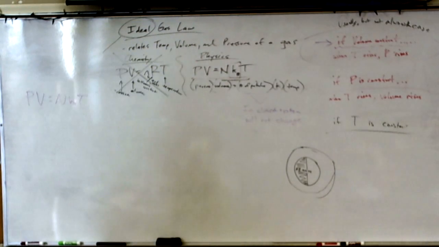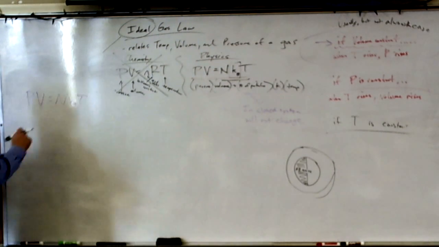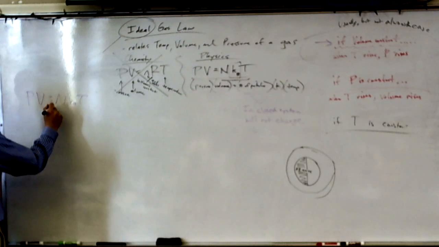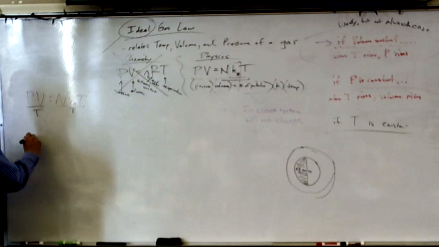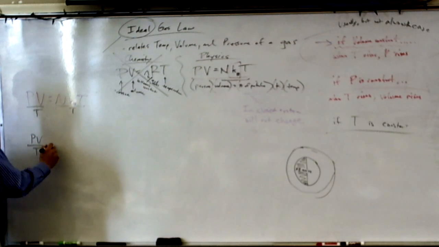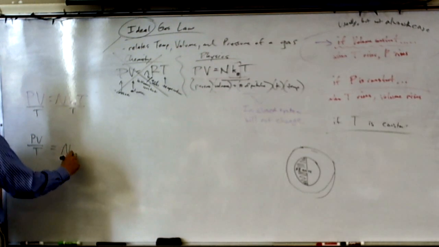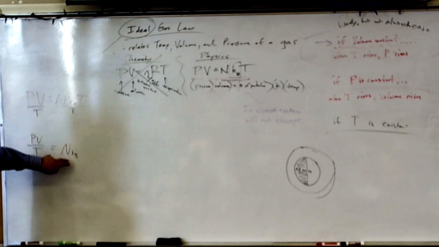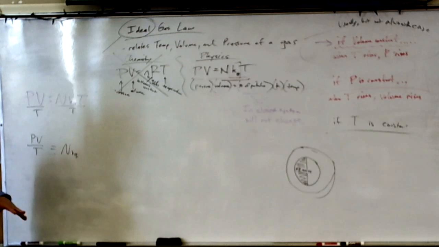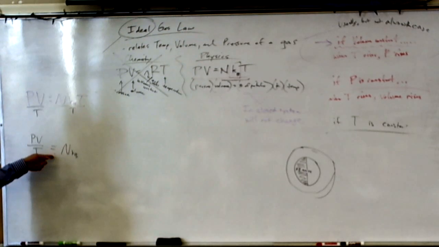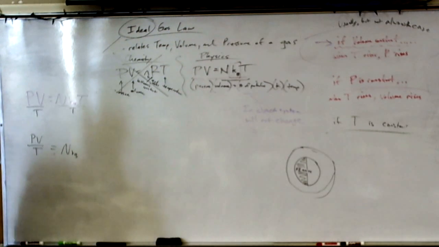Temperature, volume, and pressure. Temperature is the oddball here because it's on this side, so we want to get temperature on the same side. So we'll divide. Now we have that on one side equals our constant. This is going to be a constant before and after, because even after I compress it, I haven't added or taken away any gas molecules, and the constant sure didn't change.